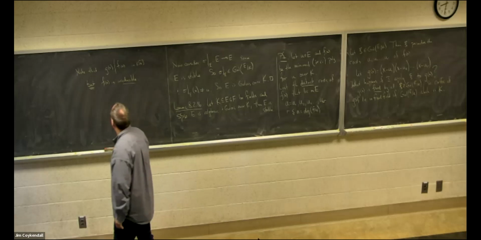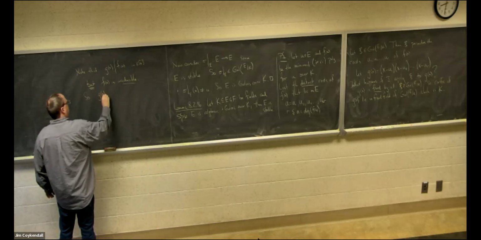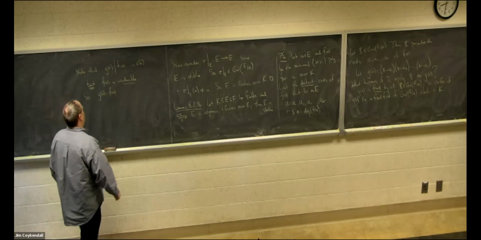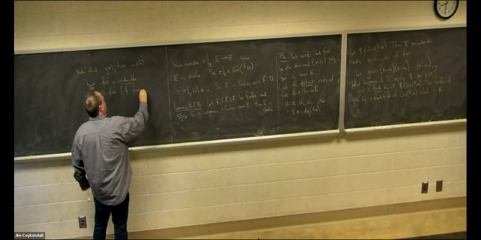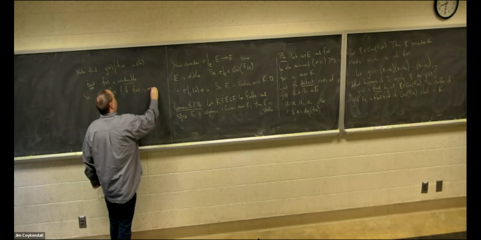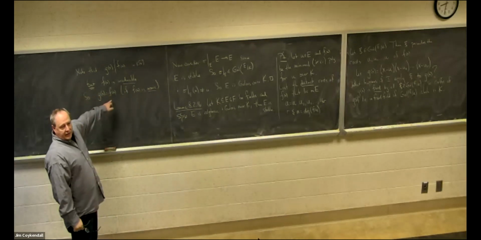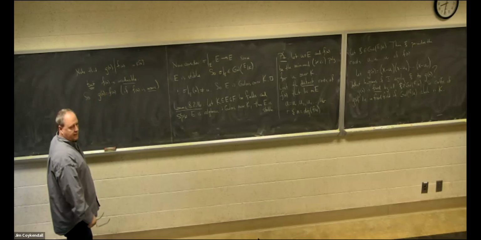So, well, let me be careful here. G of x equals f of x if f of x is monic, which we can certainly assume here, right?